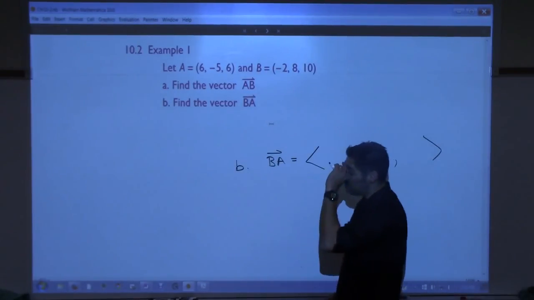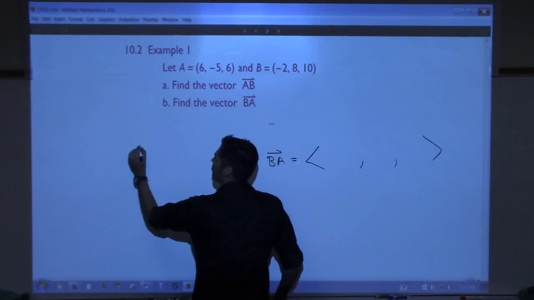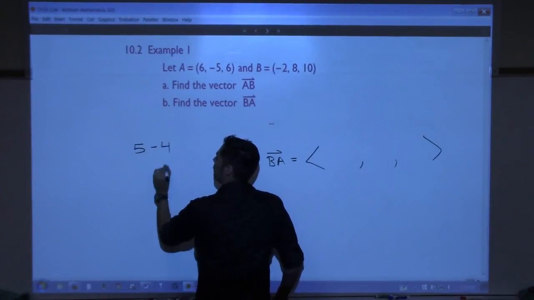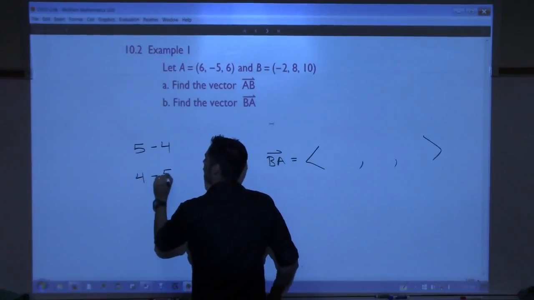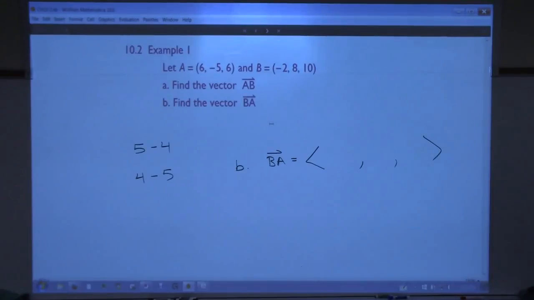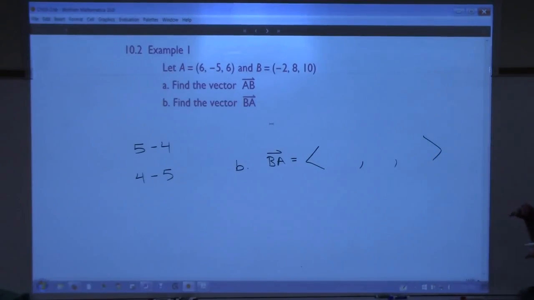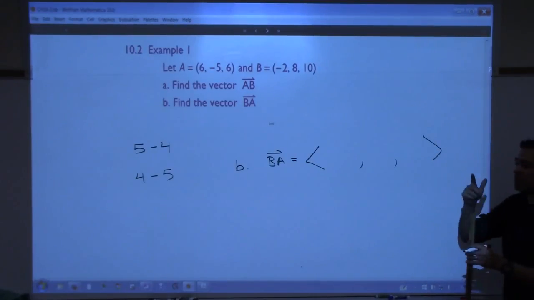If I ask you to subtract 5 from 4, what does that mean? If I say subtract 5 from 4, does this mean that, or does this mean that? Which one of these is subtract 5 from 4, top or bottom? Bottom one. Subtract 5 from 4. We just got to make sure we understand the language.